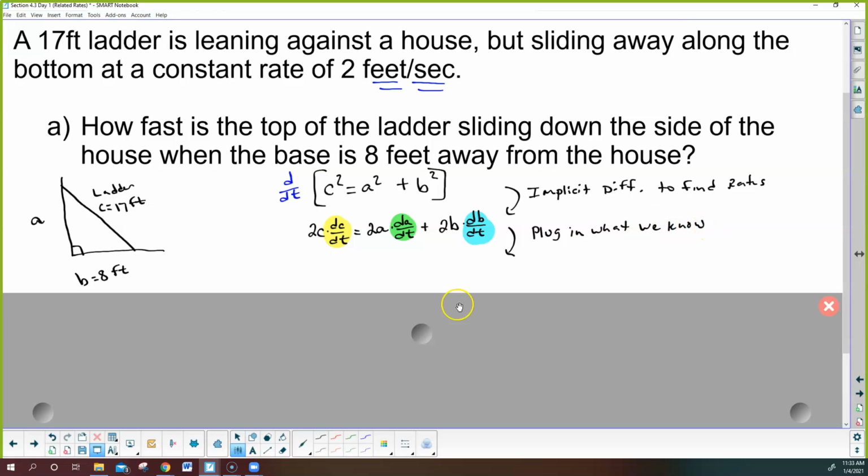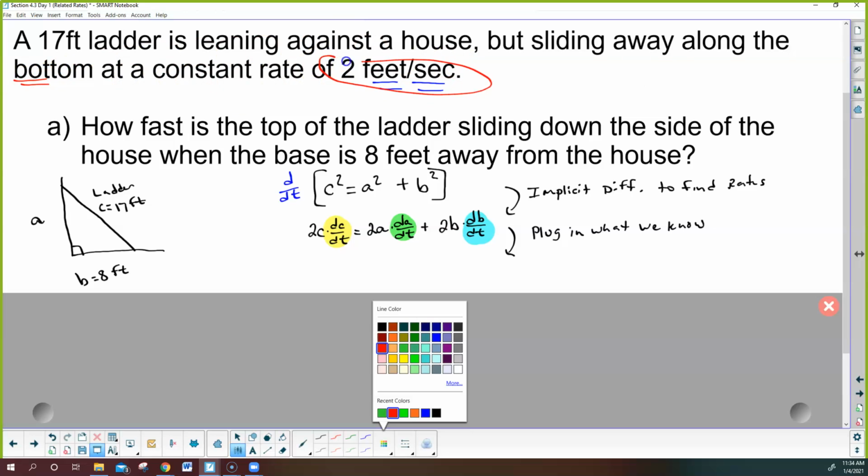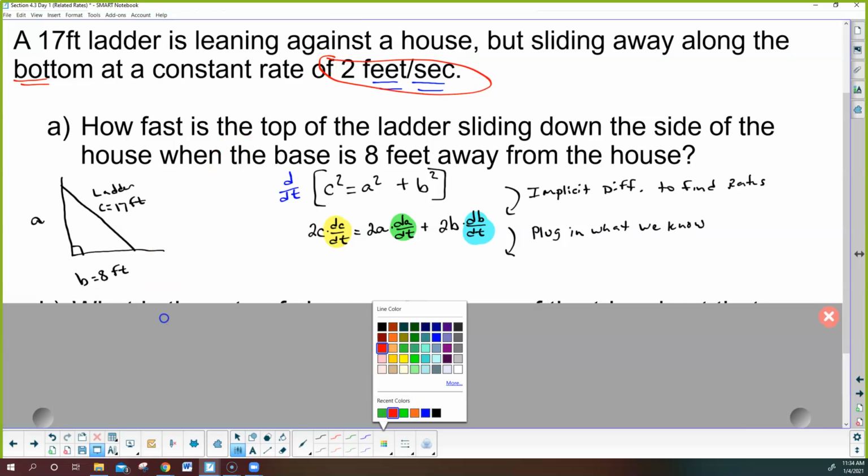But this is tricky. So let's take a look at just what information they told us. So the ladder is leaning against the house. It is sliding away from the bottom at a constant rate of 2 feet per second. So I know that this rate is going away. Now notice, that's the rate that b is changing with respect to time.